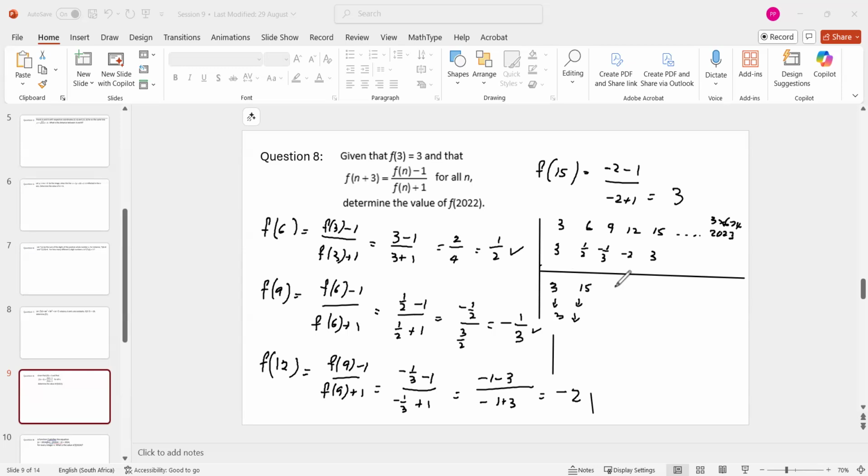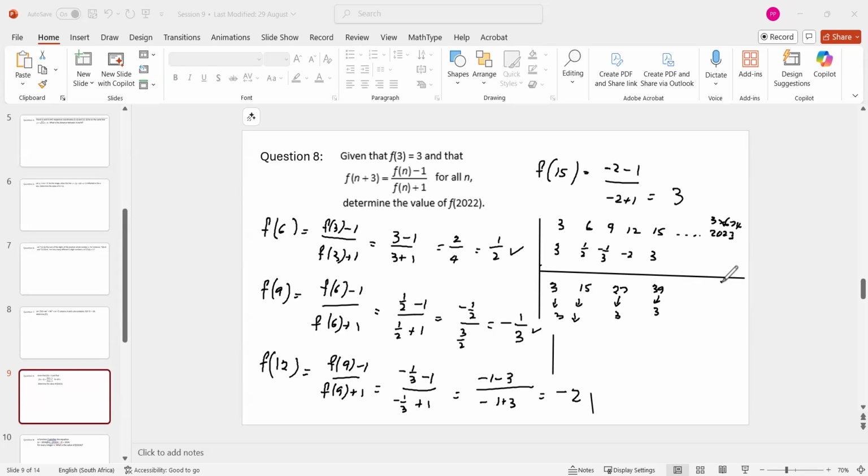So the next one will be 27. That goes to 3 as well. And then I got 39. That goes to 3. So we want to know now, what does 2022 go into? Okay, so let's see. Now this is an arithmetic sequence here.